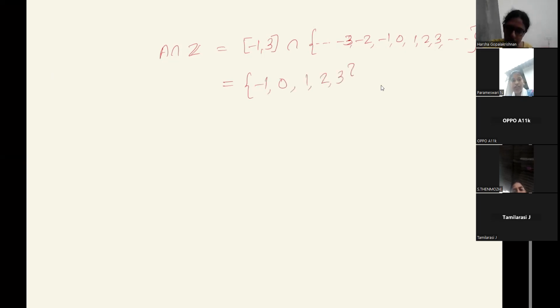It is clear that all the points listed here belong to both of these sets. So any other element belongs to this set? No. If I am taking 4 from this set, clearly I know 4 does not belong to [-1, 3]. So we get A intersection Z as this one. Option D is the correct answer.